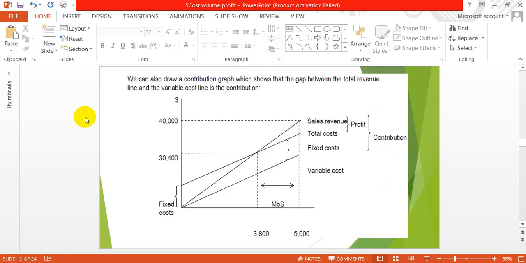We could also draw a contribution graph which shows that the gap between the total revenue line and the variable cost line is a contribution. So the total revenue line, which starts from 0, and the variable cost line, remember variable costs will also start from 0, because at 0 production there will be no variable costs.